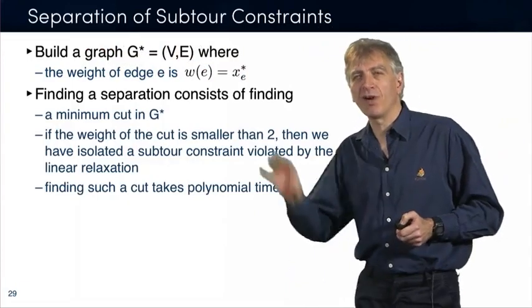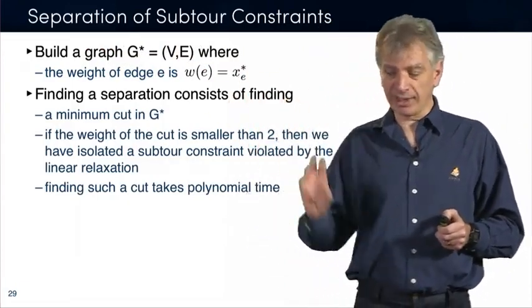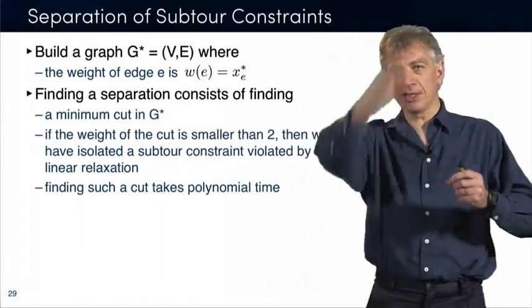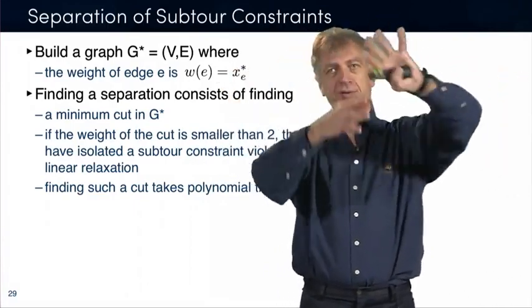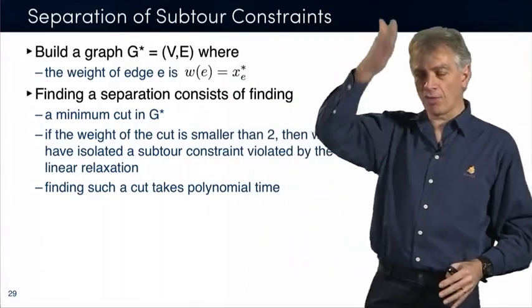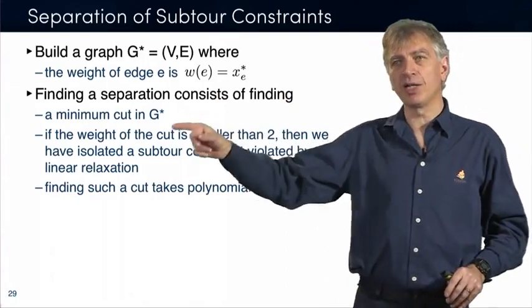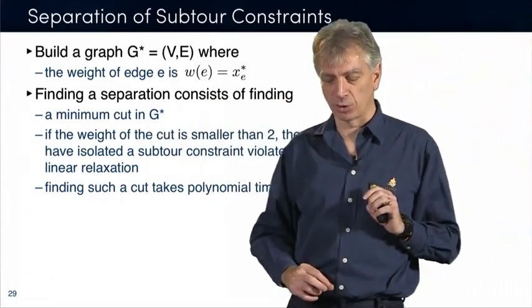Now, to find a subtour constraint that is violated, what you're going to do is try to find a min cut in that graph. That means cutting the graph into 2 parts such that the cut is of minimal size, to minimize the number of edges between these 2 different subsets. And if the weight of the cut is smaller than 2, you have a problem: you are violating the subtour constraint.